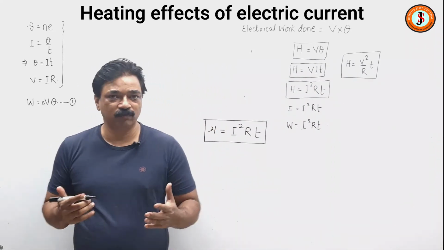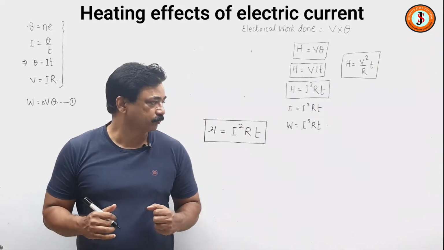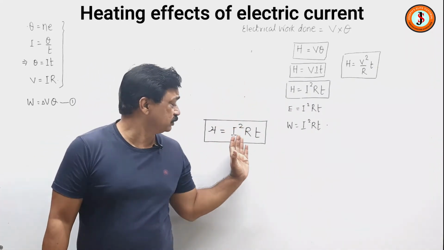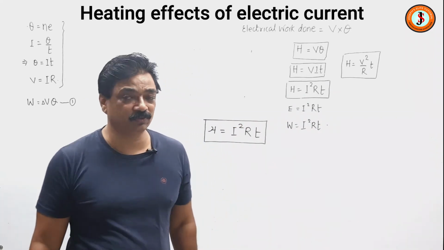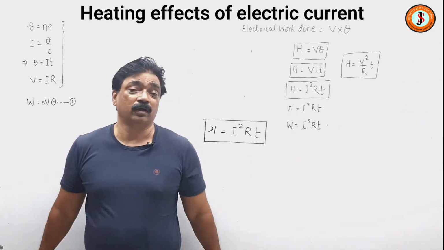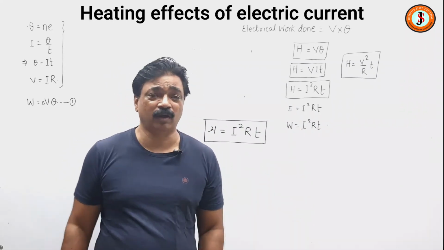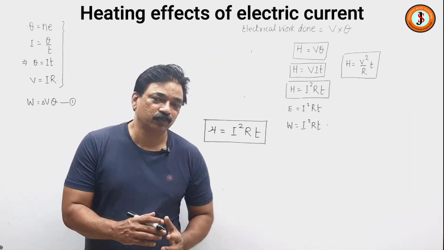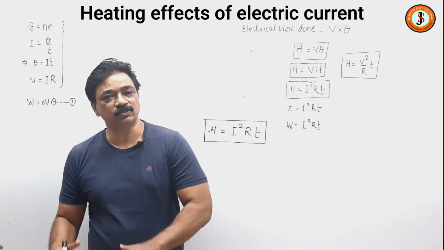Therefore once more I want to tell you, when a geyser is being used, the heat produced is directly proportional to the square of the current. So the current might have been increased much more than the resistance. In an immersion rod the resistance is increased, and therefore the heat is produced, but it is a little slower than the geyser.